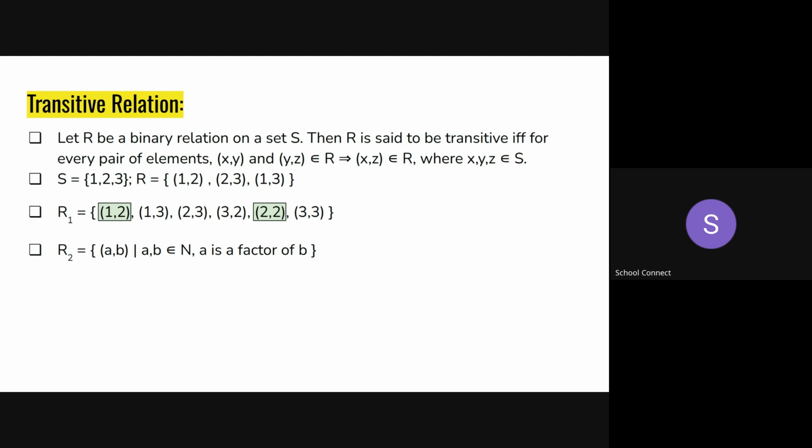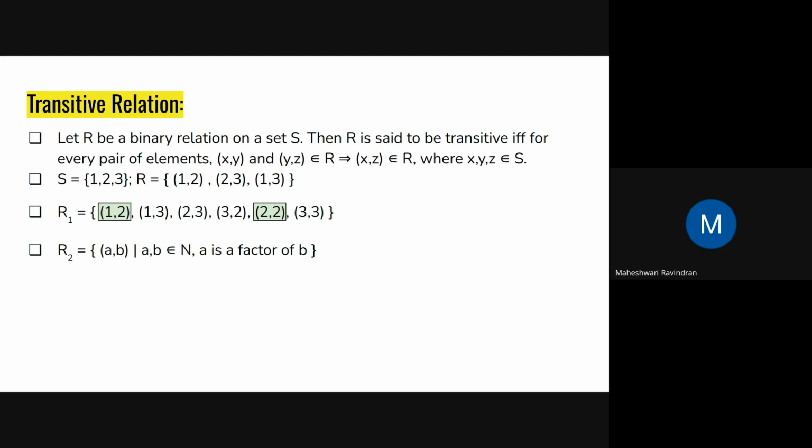Can 3 comma 9 be an element in R2? Yes. 9 comma 3? No. Okay. Now, can 2 comma 4 be an element? Yes. Can 4 comma 8 be an element? Yes. If 2 comma 4 and 4 comma 8 are elements, will 2 comma 8 be in your R2? Yes.